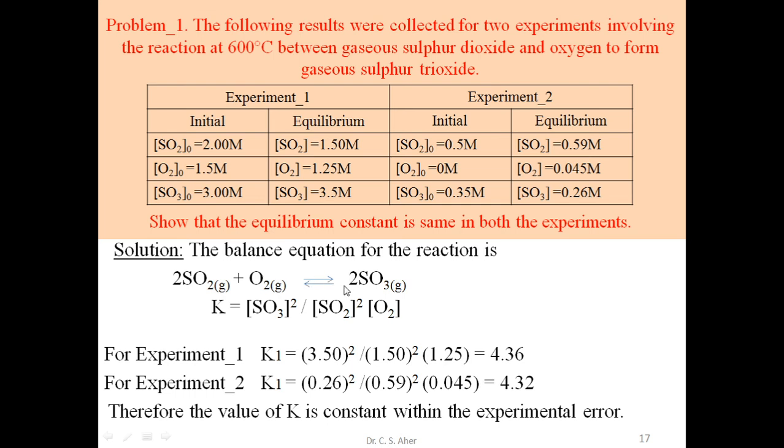At equilibrium it forms 2 moles of SO3, sulfur trioxide gas. When we apply the equilibrium constant K, K is equal to the concentration of sulfur trioxide raised to power 2 upon the concentration of sulfur dioxide raised to power 2 and the concentration of oxygen.